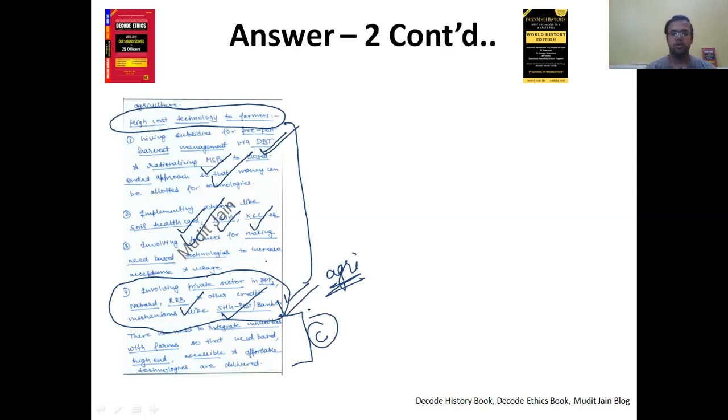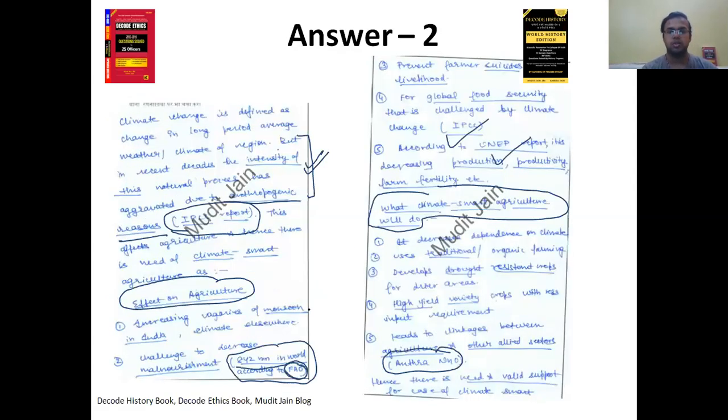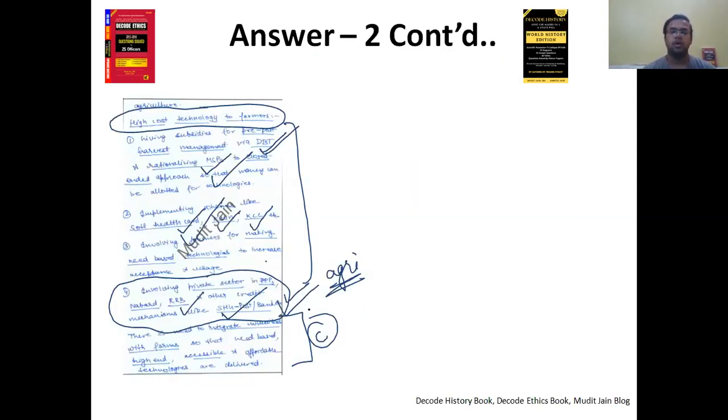But then I have missed one thing in this question, and that is a diagram. So I could have easily drawn a map of India, and I could have shown the impact of climate change, say in western, northwestern India. There is no need to draw the entire map. You can only show the part of the map of India that you are writing about.